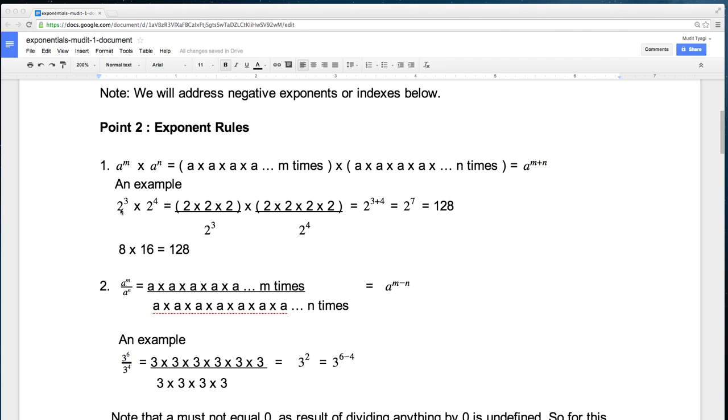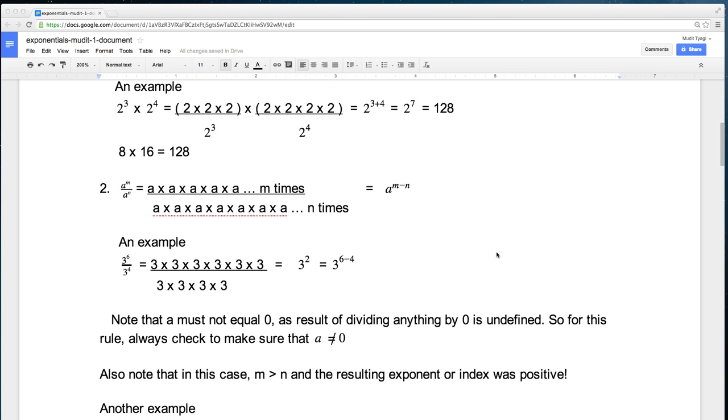Now, you could have, of course, written 2 to the 3 as 8, 2 to the 4 as 16, and multiplied them, and you would have gotten 128. But we wanted to illustrate what happens when you have a base raised to an exponent multiplied by the same base raised to a different exponent. And what we see is the result is the base raised to the sum of the two exponents.